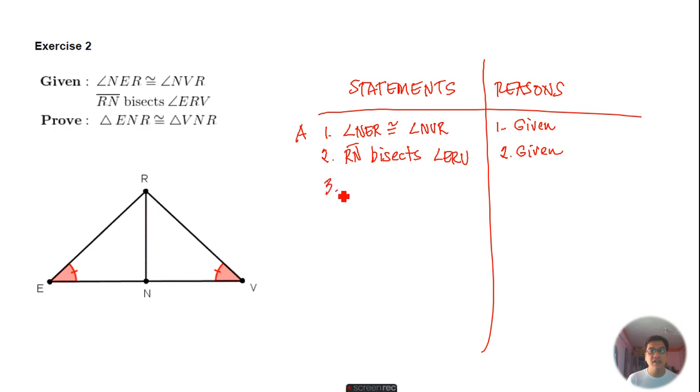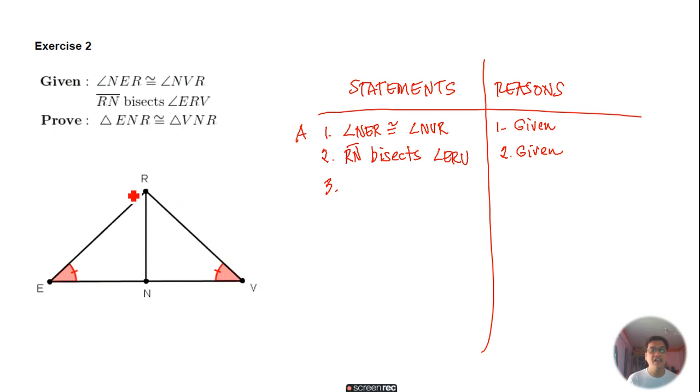So for number 3, we have RN is congruent to RN. But if you want to first go to the clue that RN bisects angle ERV, side RN bisects ERV.